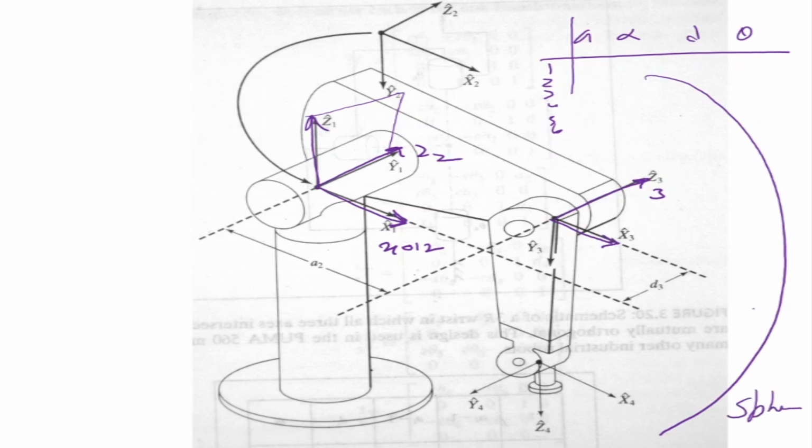On the outer boundary there are going to be single solutions, whereas in the center you could have a large number of solutions. Depending on the desired position and orientation of the end effector, you will have a number of solutions. So the number of solutions will keep changing in space, and depending on where you are in the workspace, you will get a particular kind of solution.